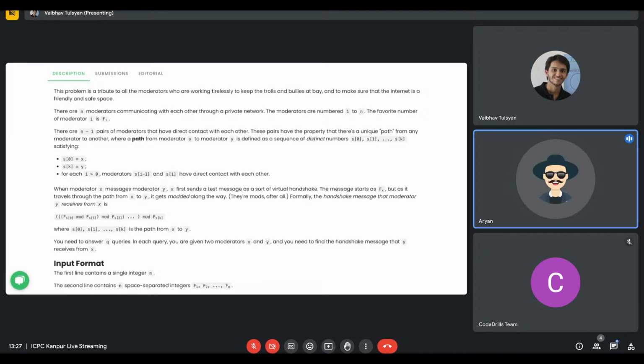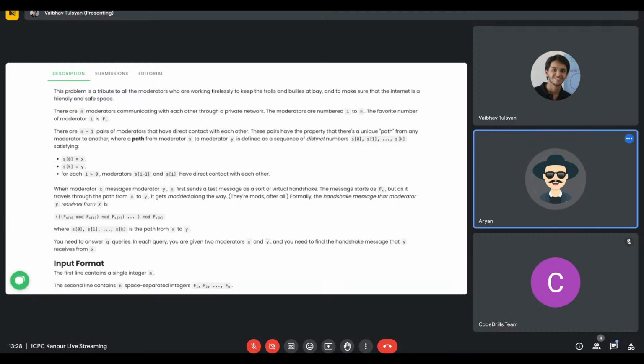This problem is a tribute to all the moderators who are working tirelessly to keep the trolls and bullies at bay, and to make sure that the internet is a friendly and safe place. There are n moderators communicating with each other through a private network. The moderators are numbered 1 to n. The favorite number of a moderator i is f_i. So there are n people, they have some favorite number.